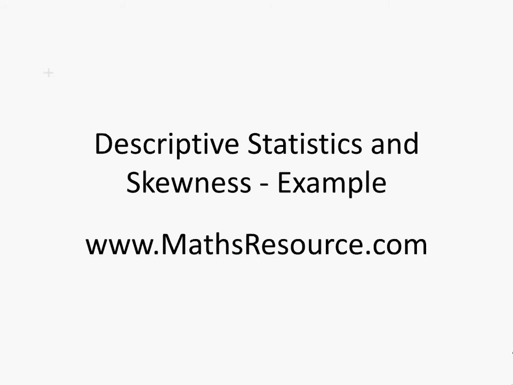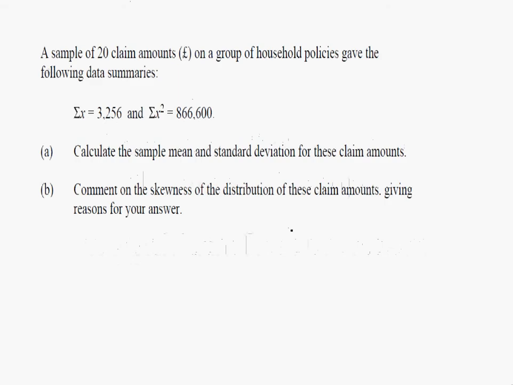So in this presentation, we're going to look at some descriptive statistics, and we're just going to mention a bit about skewness. A sample of 20 claim amounts on a group of household policies is given the following data summaries. The sum of the values from the 20 claims was 3,256.